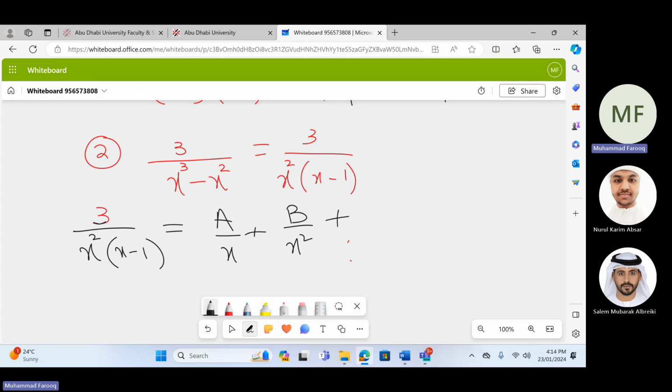And plus, you have one more factor. Is it linear or quadratic? This x power will decide for you. It's again linear, so we write only one constant C and divide by x minus 1. This is the way to write a linear factor.